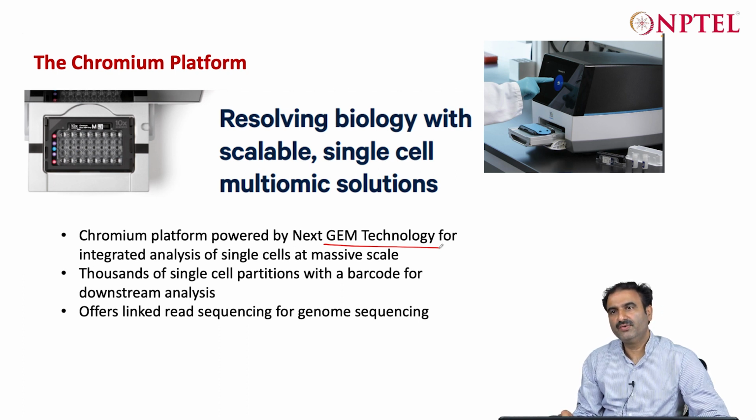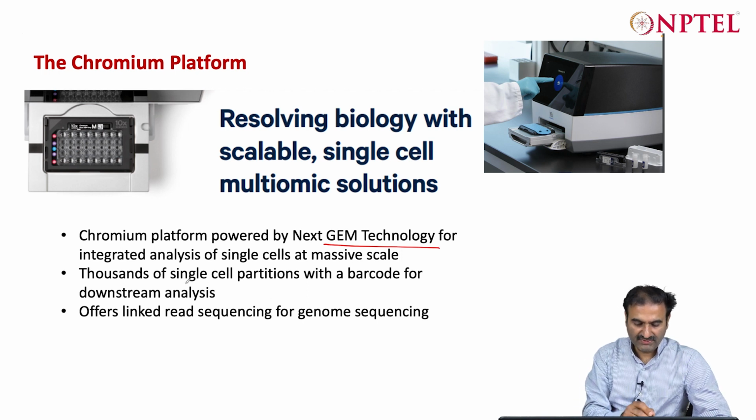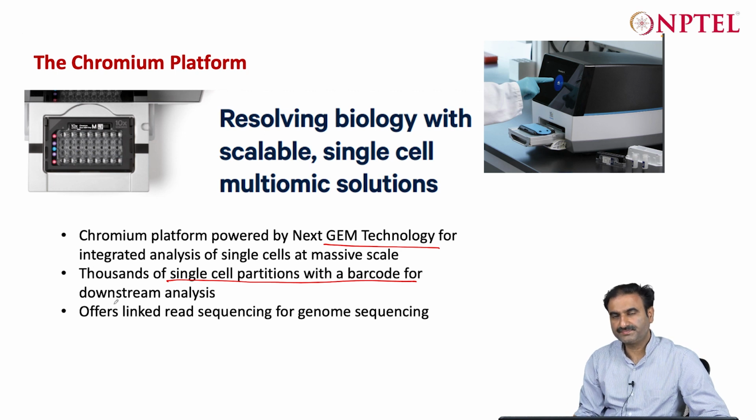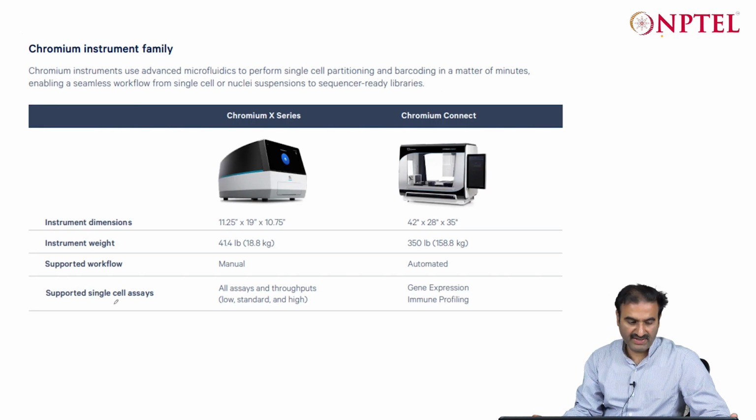So you don't need to do each and every cell separately; it can take up thousands of cells and do the analysis. Thousands of single cell partitions with barcodes are available. For each and every cell there will be separate barcoding of its content, including the DNA or RNA, which can be linked to genome sequencing later.